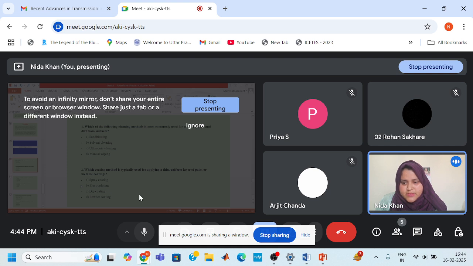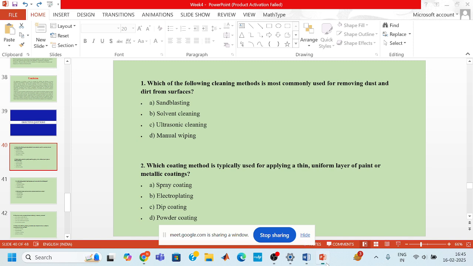Anyone else? Okay, the correct answer is spray coating. Spray coating is typically used for applying a thin uniform layer of paint or metallic coatings. Correct option is A.